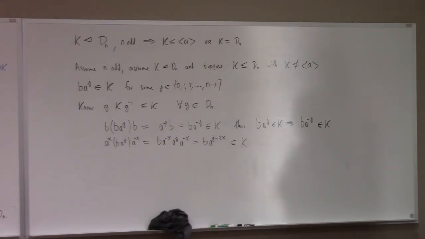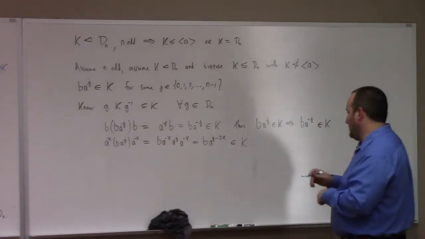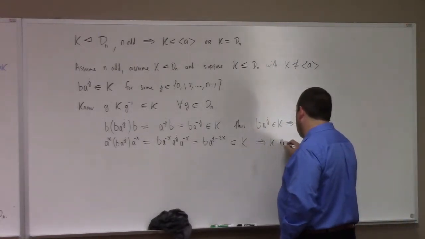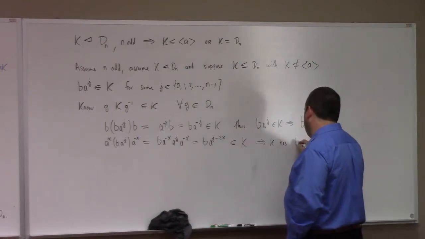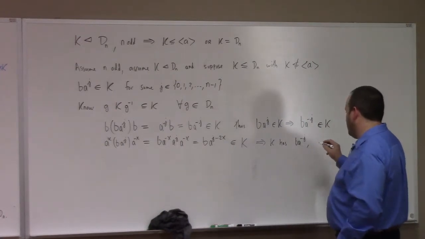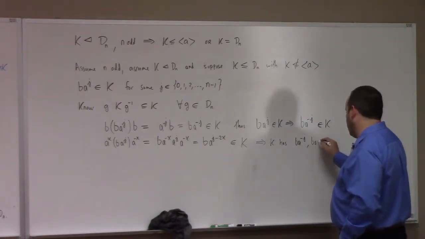And we can let x be anything, right? So it can be 1, it can be 2. So this implies that K has B A to the minus j, but what else does it have? Of course, it's got B A to the j.